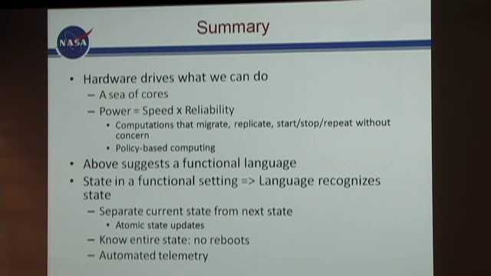So, in summary, what we have done here is to note that the hardware really drives what we can do, and that we're going to see eventually what I call a sea of cores on the spacecraft connected by high-speed links.